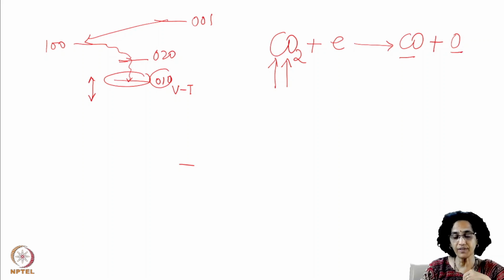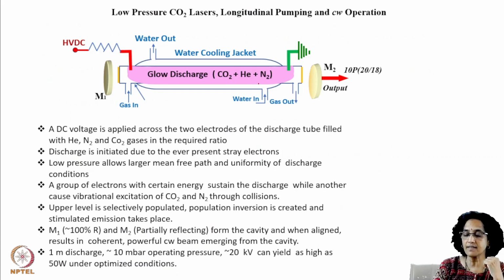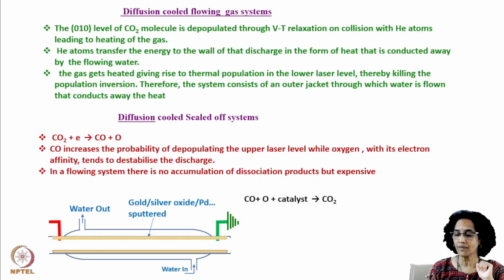So that means what? We are saying that the gas gets contaminated. We wanted CO2, helium, and nitrogen, but there is a formation of CO and oxygen as well. And what is the problem with CO and oxygen? The problem with CO and oxygen is that CO can depopulate the upper laser level.